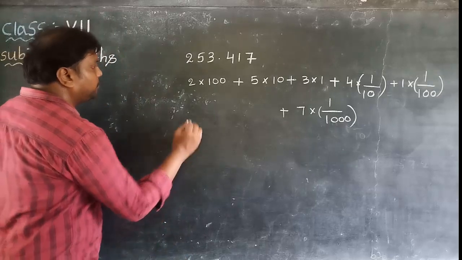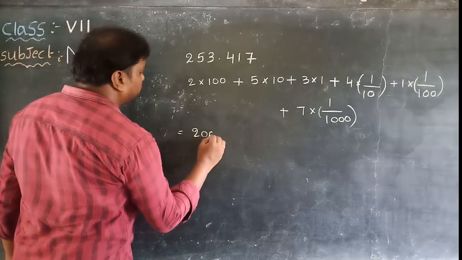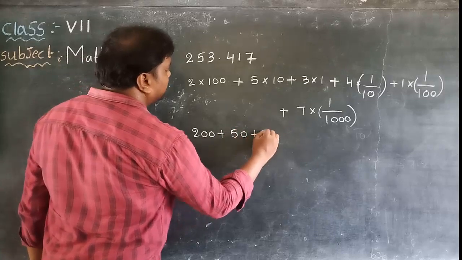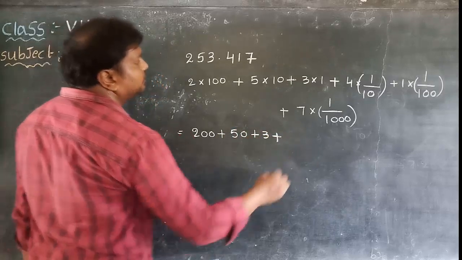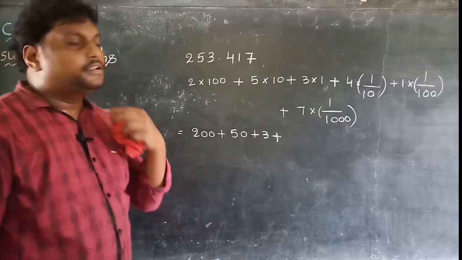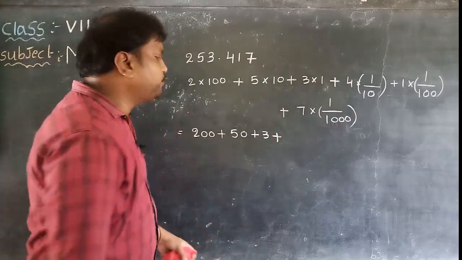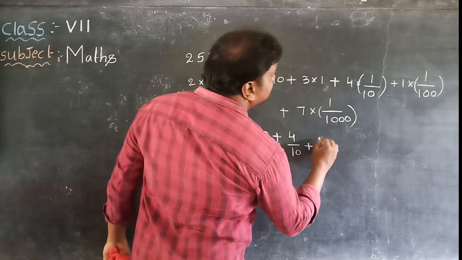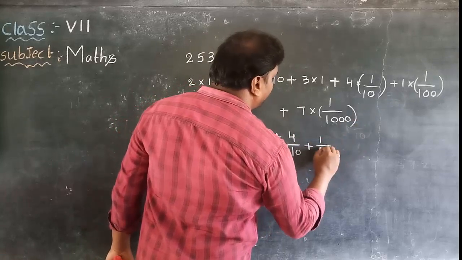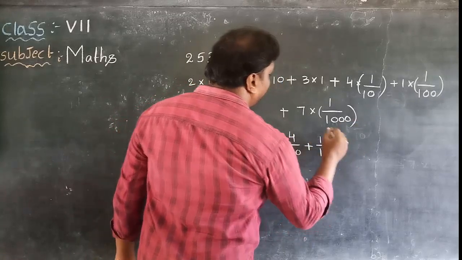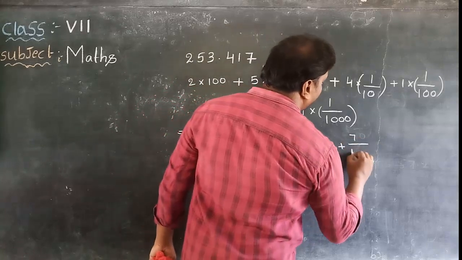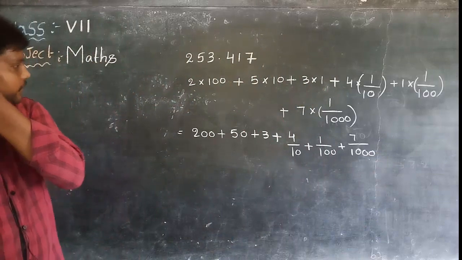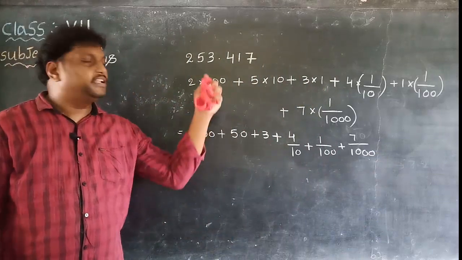Now we'll write 2 into 100, 200, plus 50 plus 3 into 1, 3. Next 4 into 1 by 10 means 4 by 10 plus 1 by 100 plus 7 by 1000. This is the expansion of the decimal value.